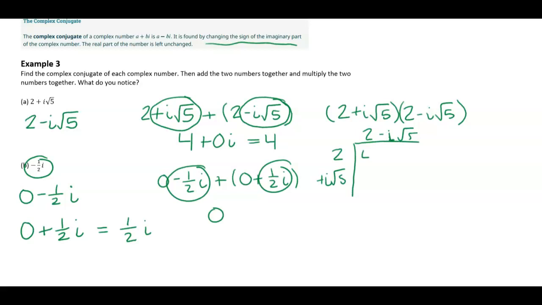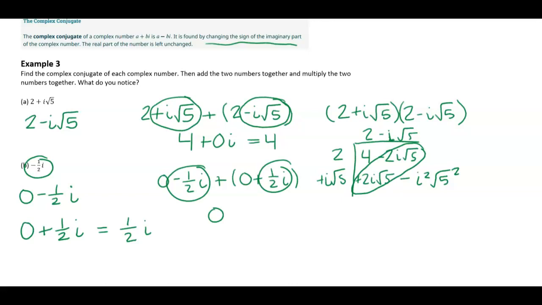I would get 4 minus 2i root 5 plus 2i root 5. And then when I multiply here, I would get negative i times i, so i squared, root 5 times root 5, so root 5 squared. Look at my diagonal.